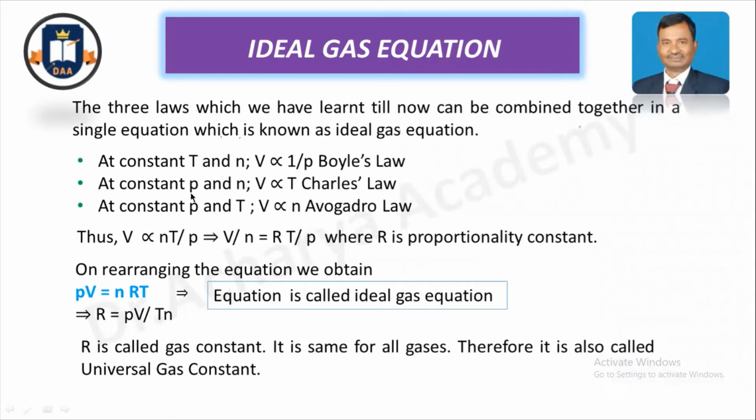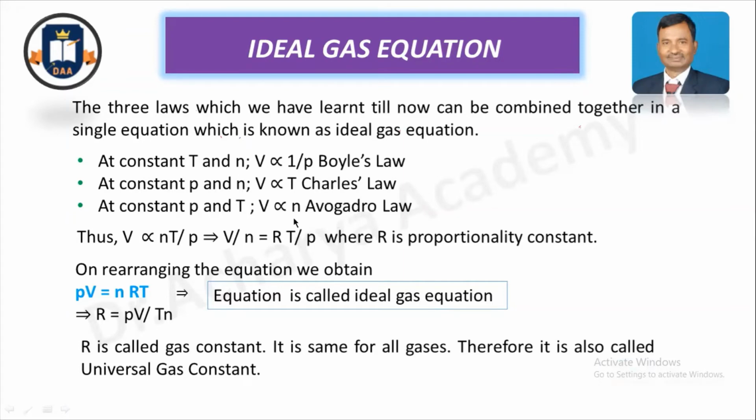At constant pressure and number of moles of gas, the volume is proportional to the absolute temperature. It is called Charles' law. You understand from the previous class. Similarly, at constant pressure and temperature, volume is proportional to the number of moles, which is Avogadro's law.